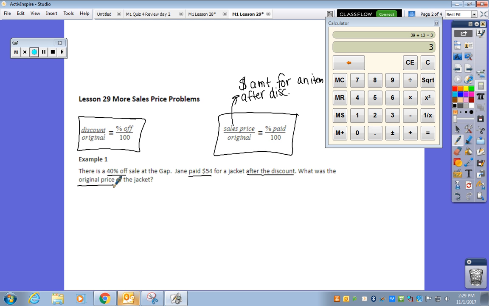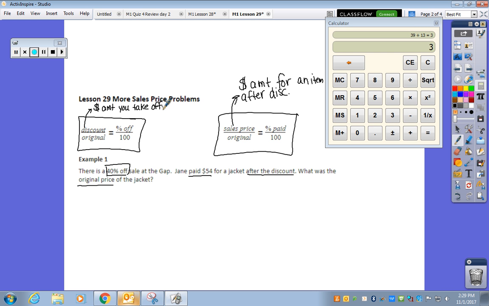So what's important here is that we know what our percents match up with. If we look, we are given the percent off. If you remember from the last lesson, percent off should go with the discount, or the dollar amount you take off of an item.